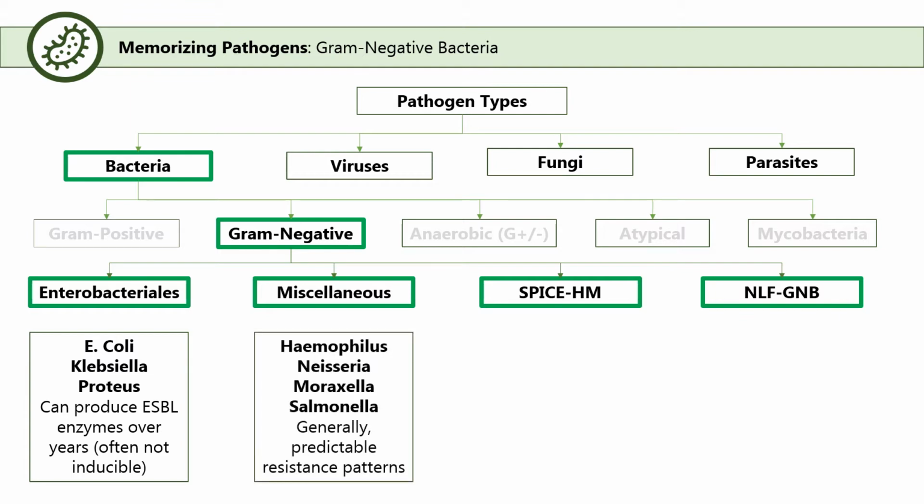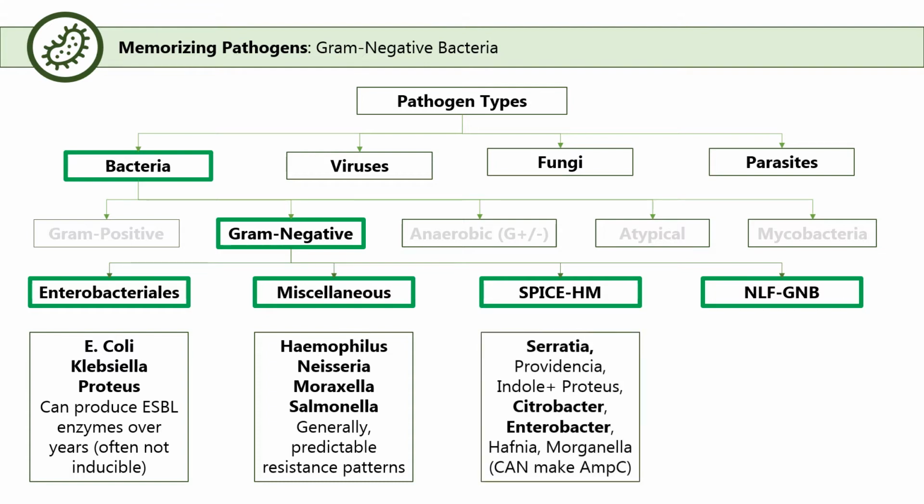The second group we'll call miscellaneous, since these organisms are fairly common, have similar antibiotic sensitivities, but really have nothing else in common. We'll memorize 4 here: Haemophilus species, Neisseria, Moraxella, and Salmonella. The third group has been called the SPICE group, or SPICE-HAM with an expanded mnemonic, since these organisms have the ability to express an inducible beta-lactamase enzyme.